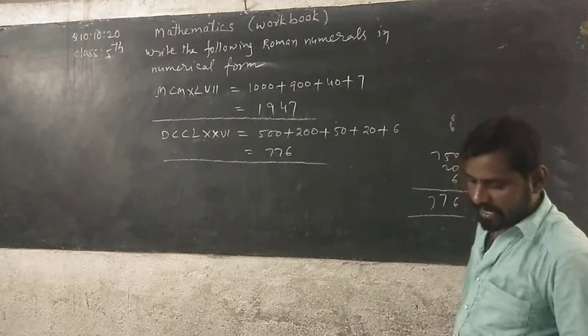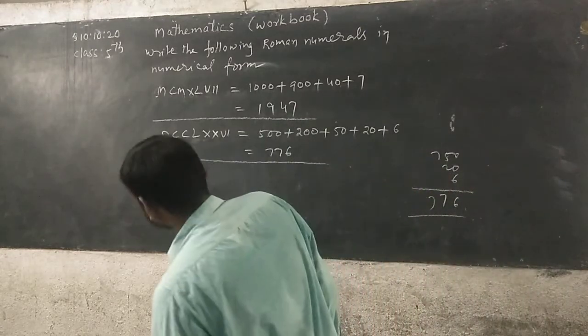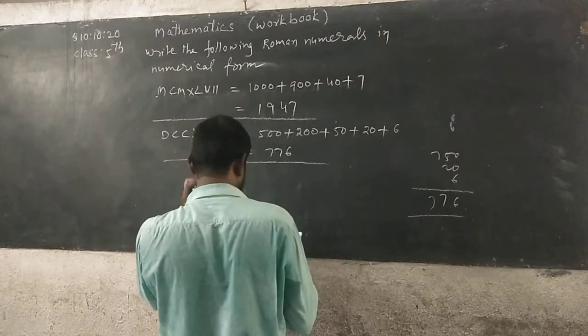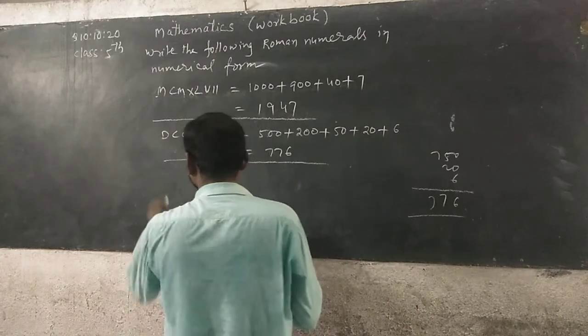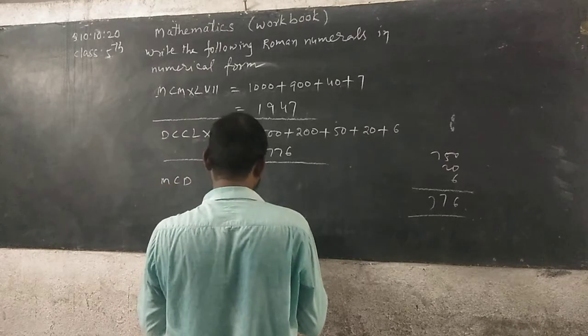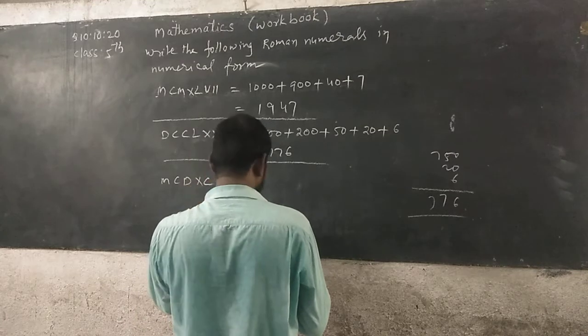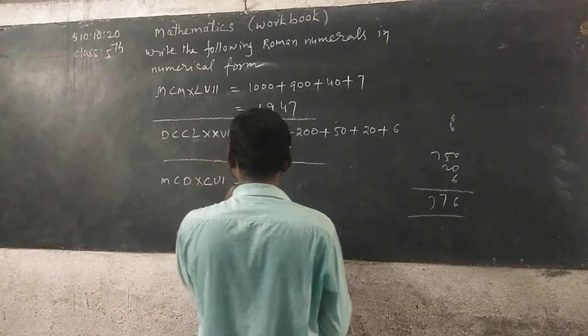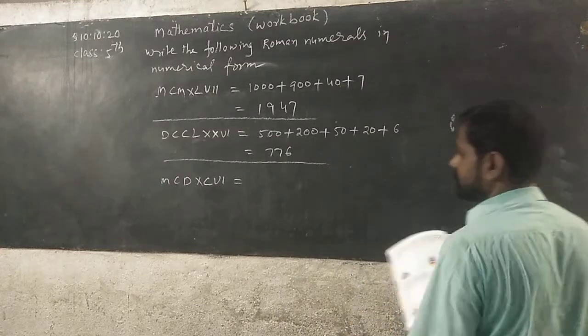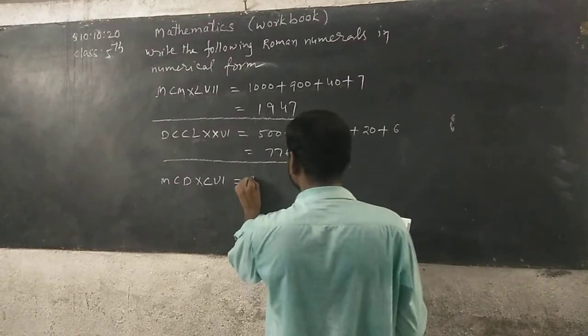Now next, MCDXCVI. See here, listen carefully. M means 1000.